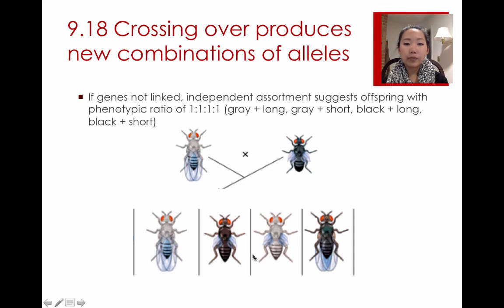And so if the genes for the color of the body and the length of the wing were not linked, you would expect a 1:1:1:1 ratio. So that just means that all of these kinds of offspring would have equal probability of being seen. Gray and long wings, black and short wings, gray and short wings, and then black and long wings.